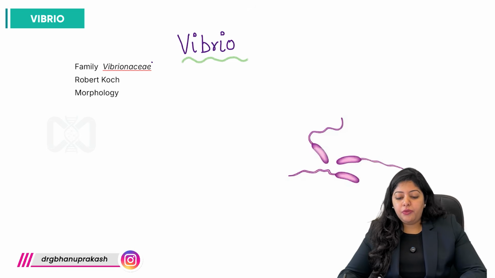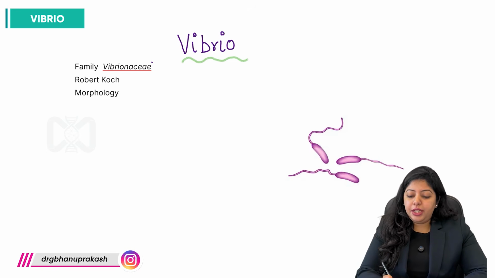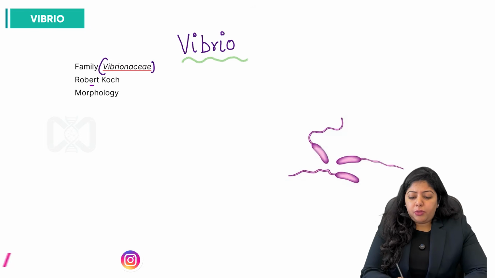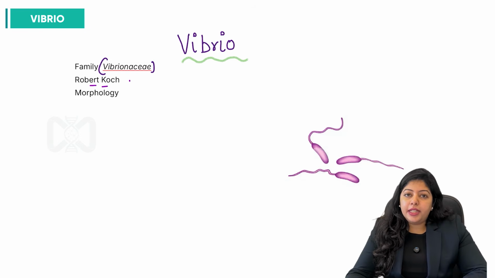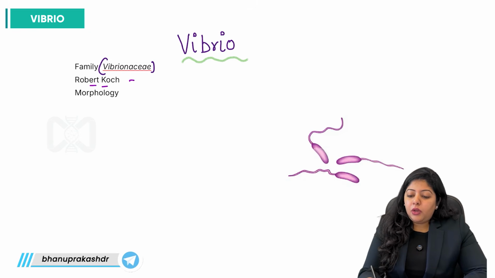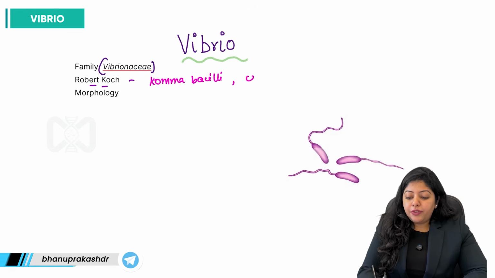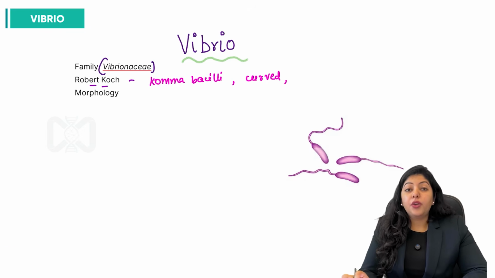Now Vibrio firstly belongs to family Vibrionaceae. And Robert Koch, in around 1886, named this bacteria Vibrio because of its curved nature and comma-shaped appearance.